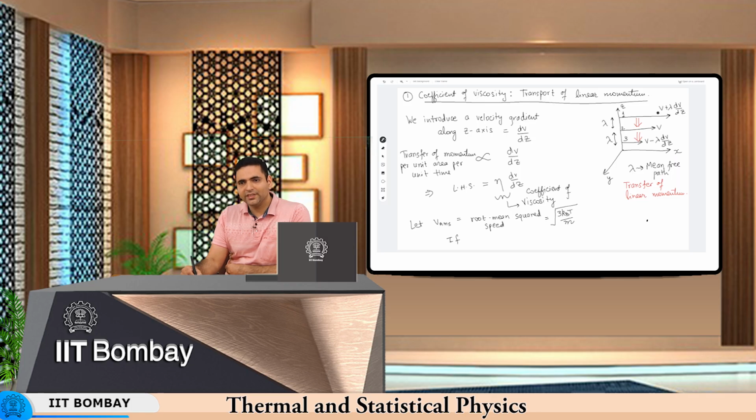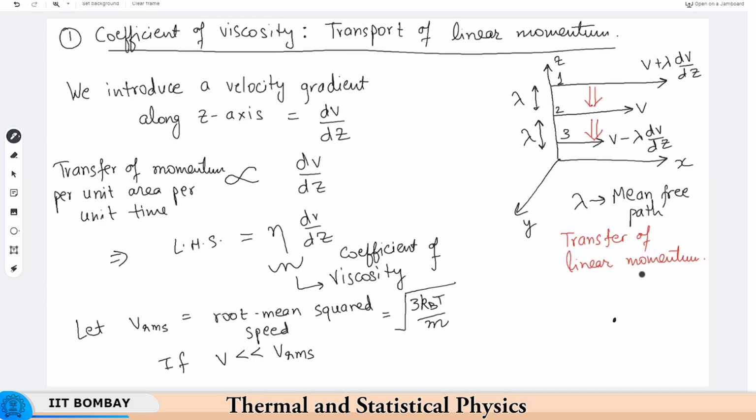If the net average speed of these molecules moving in plane 1, this V, is much smaller than V RMS, in that case we can continue to assume that the gas molecules are still randomly moving in each direction, right. Also we have n, the number density, which is the total number of gas molecules per unit volume.